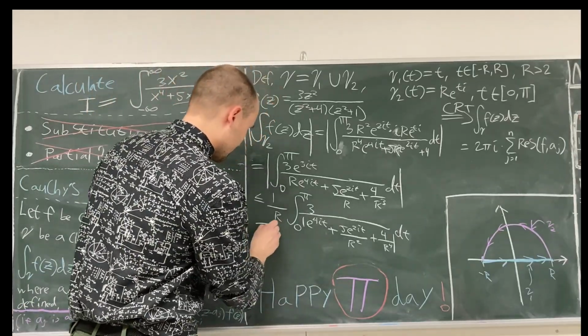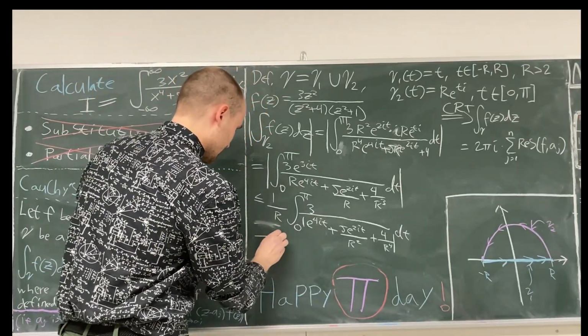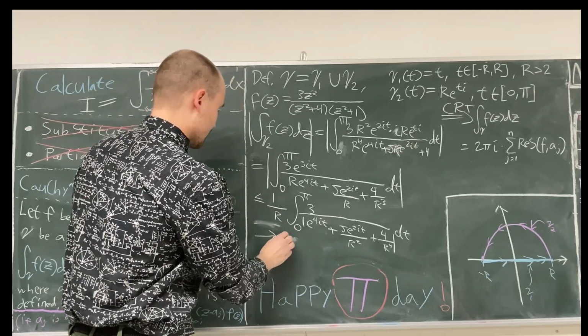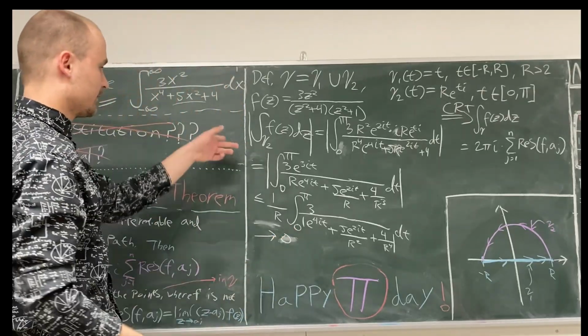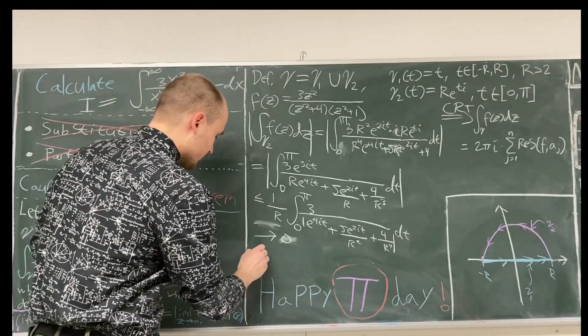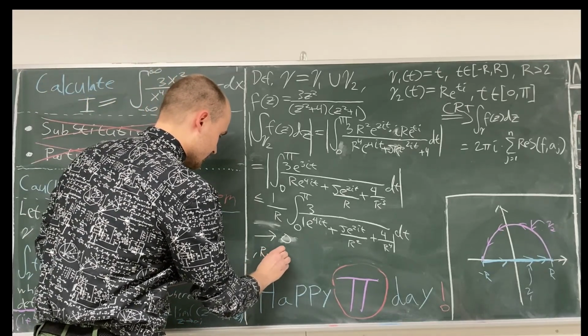So actually we have that the entire integral of gamma 2 over gamma 2 of f tends to 0 as r tends to infinity.